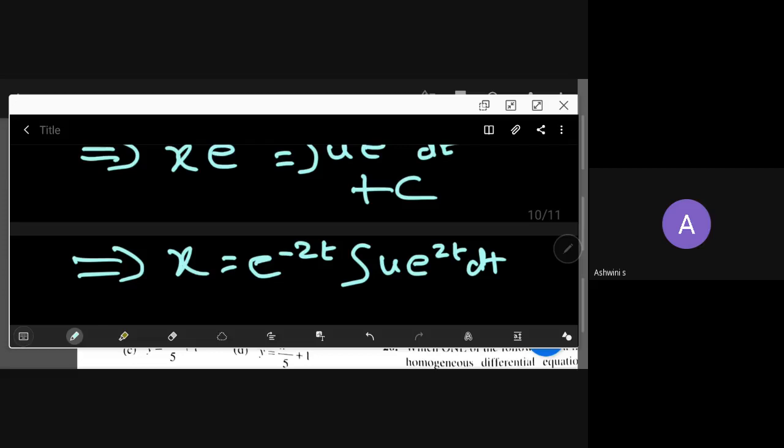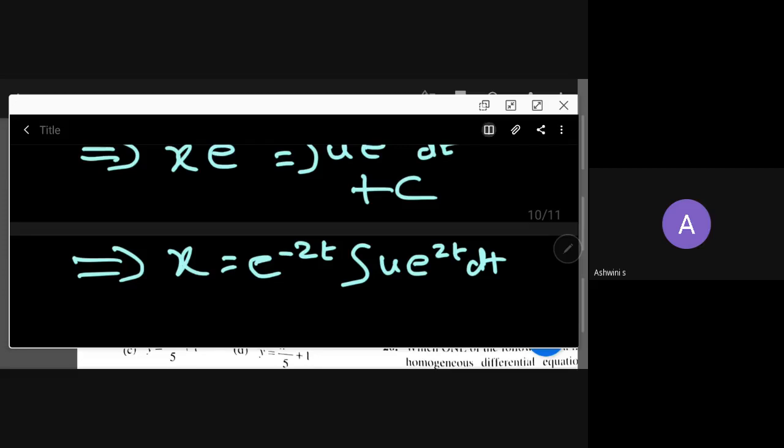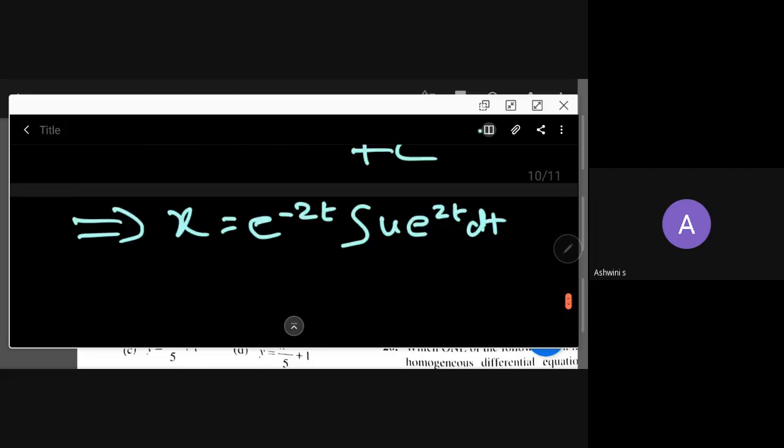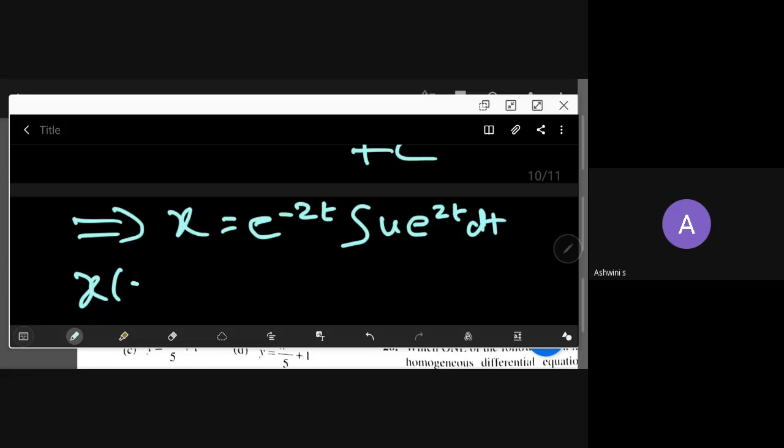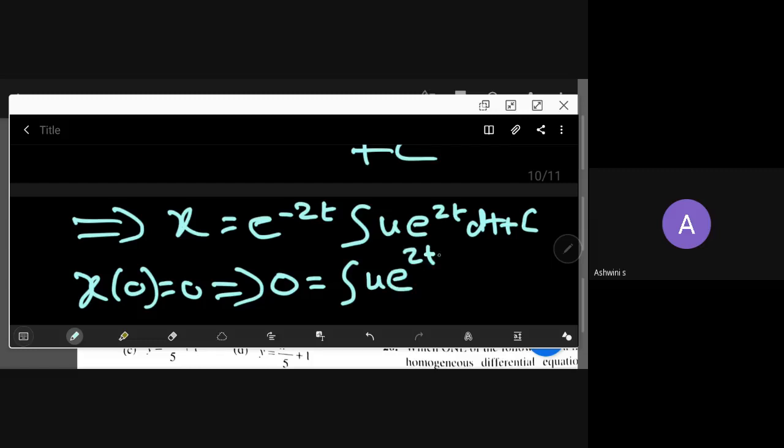So x of 0 is 0. So x of 0 is 0 implies 0, e power minus 2 into 0, that is e power 0 is 1, integral, you have plus c is there here. How can we do that? Okay, u e power 2t dt, you cannot put t as 0 there, plus c.